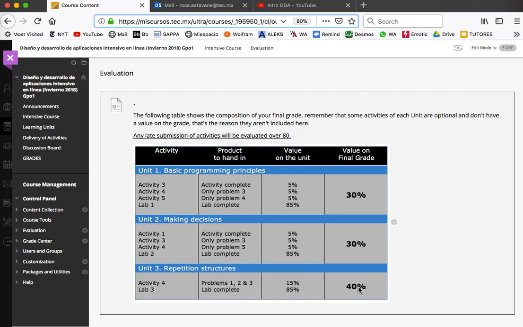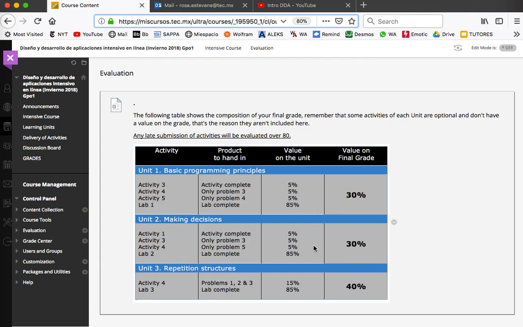Entering into detail, in Unit 1 you have 4 activities, where activities 3, 4, and 5 will give you 5 points each of the grade of the unit. And the lab will give you 85% of the grade of this unit. In total, they make 100% of Unit 1, and then this 100 will be 30% of your final grade.